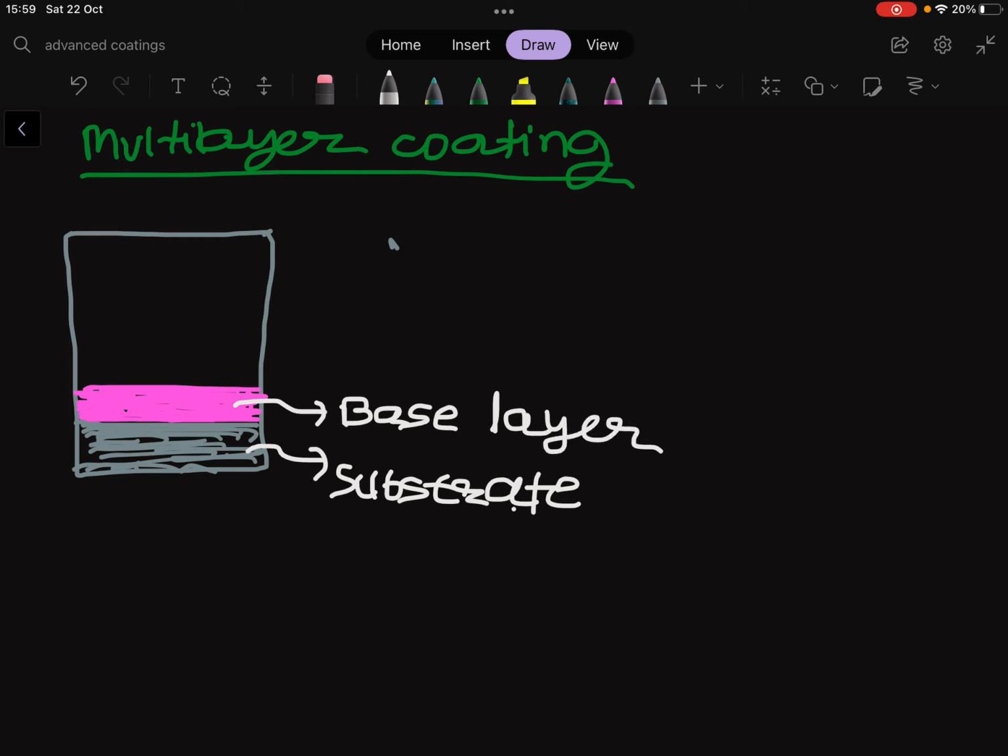And we have a periodical sequence of layers of different composition. Typically in most cases we have two different compositions that are repeated periodically many times inside our coating in this fashion.